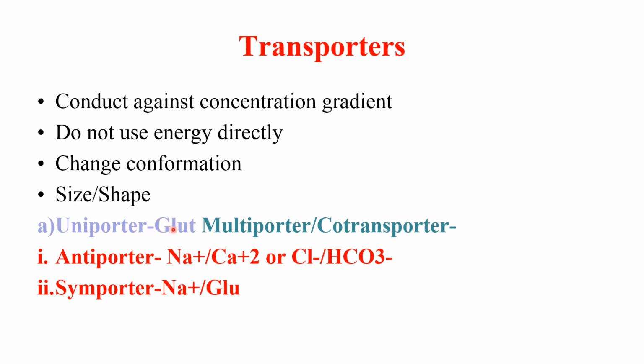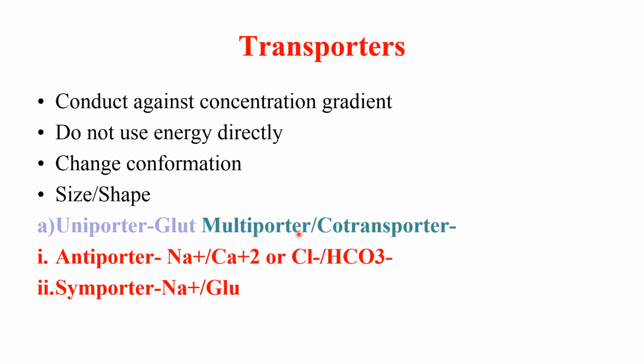These glucose transporters conduct glucose against concentration gradient from lower concentration to higher concentration. They are present in small intestine for absorption of glucose, in the kidneys, in nephrons for the reabsorption of glucose from filtrate. And then multiporter and co-transporter.